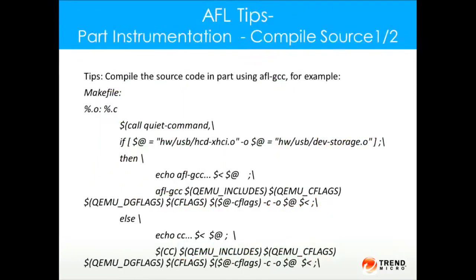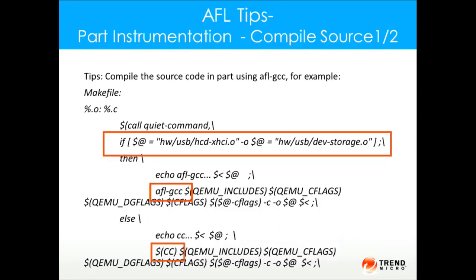Actually, there exist several important tips in our practice and experience of device fuzzing. One important tip is about the instrumentation. Because there are many virtual devices, and we only care about several parts of the virtual device. For example, if we just care about the USB part, we could modify the makefile like this.